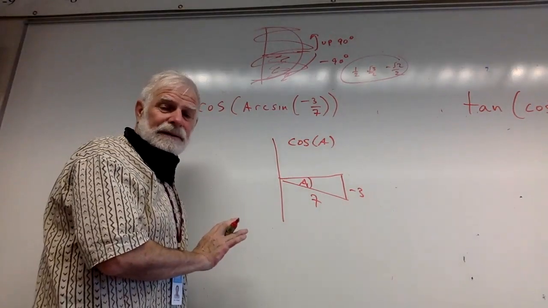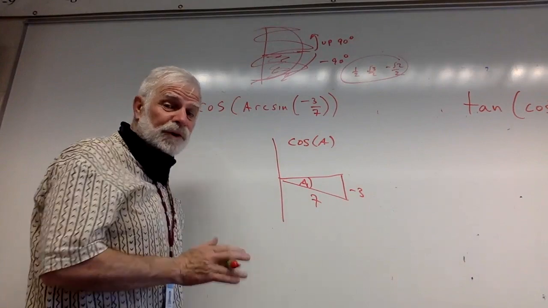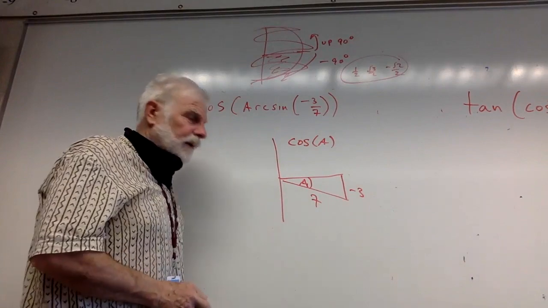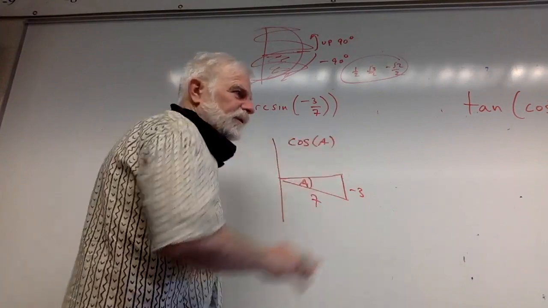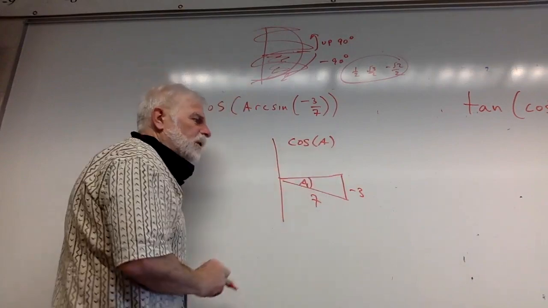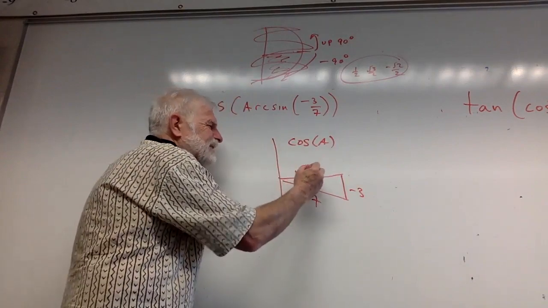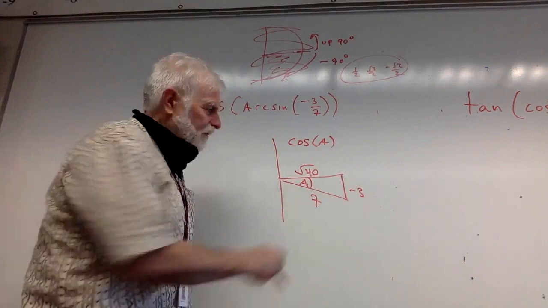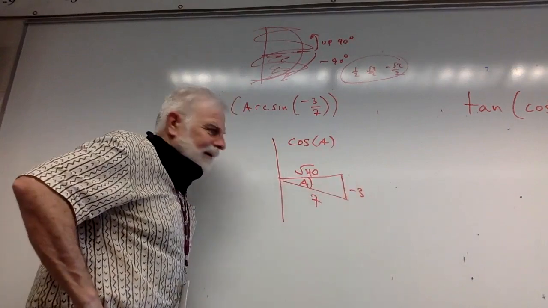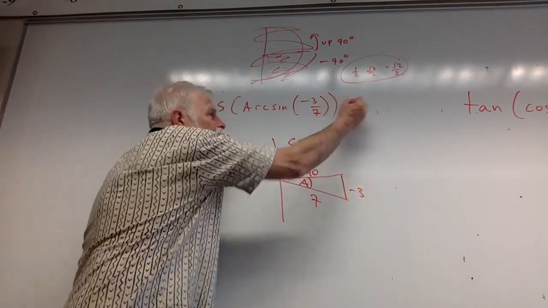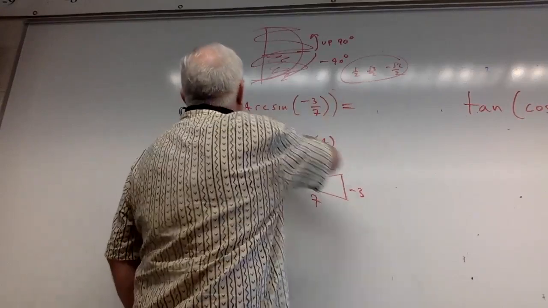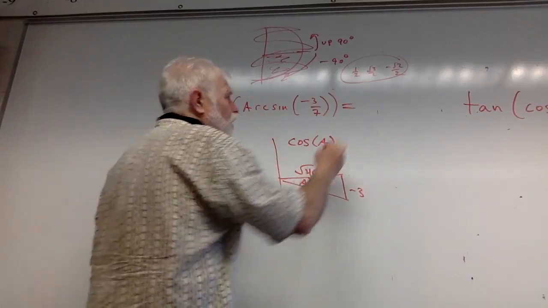That's my guess, because I know minus 1/2 is 30 degrees, and this is smaller. So it's less traveling distance than that. But I don't need to know what it is to answer this, because I know that's the square root of 40, 49 minus 9. And now I know the answer, which I'll write up here. Cosine, √40/7.